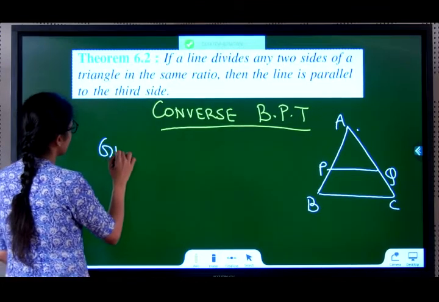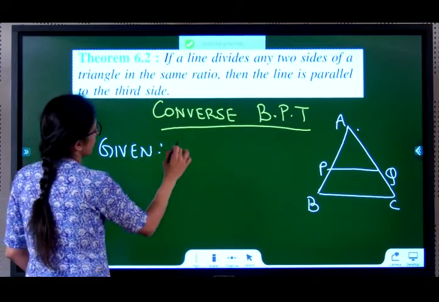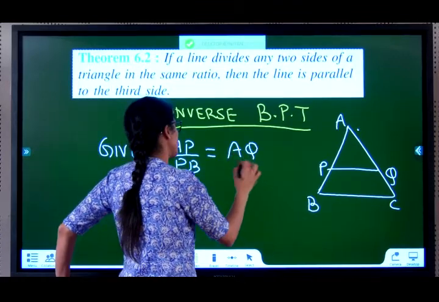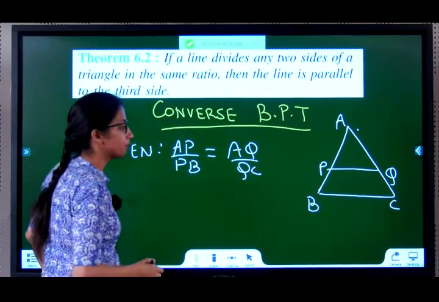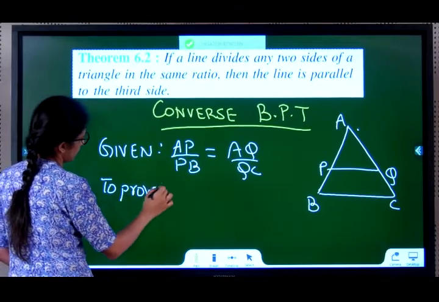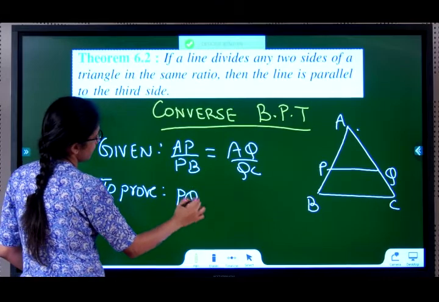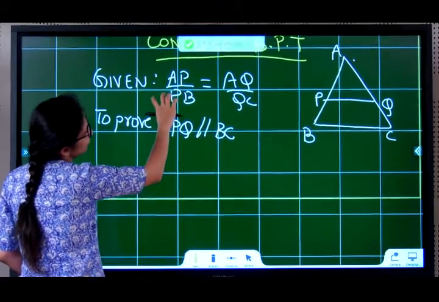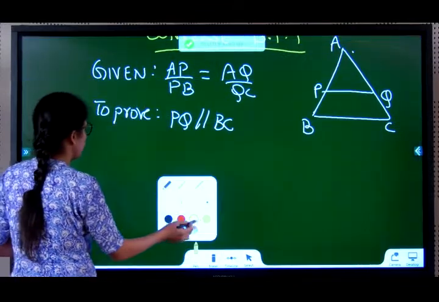So it is given AP by PB is equal to AQ by QC. You have to prove PQ is parallel to BC. Now it's not given that PQ is parallel to BC, so I don't know if it is parallel.